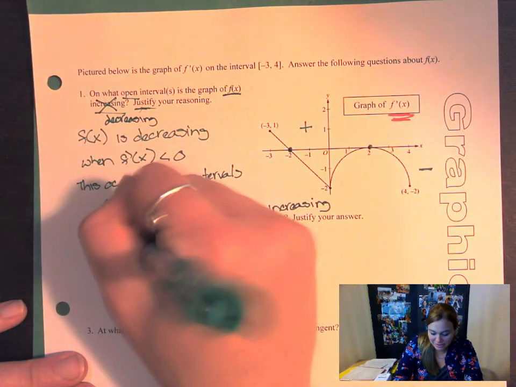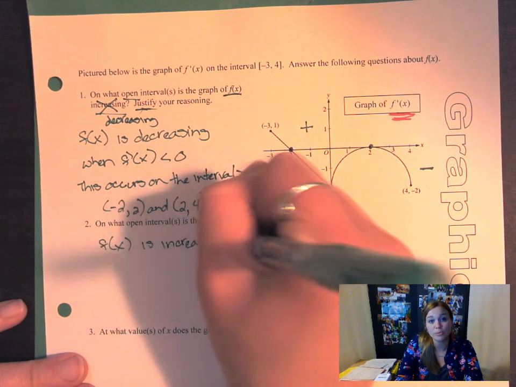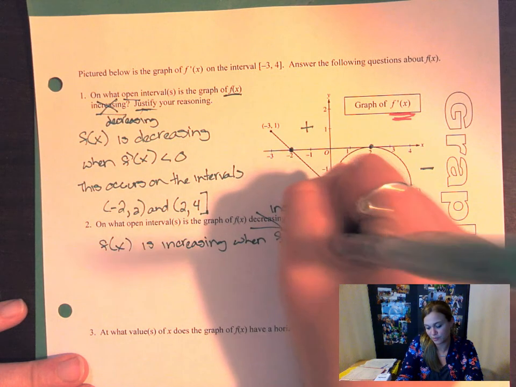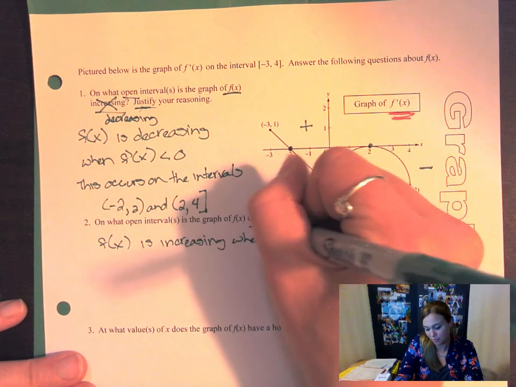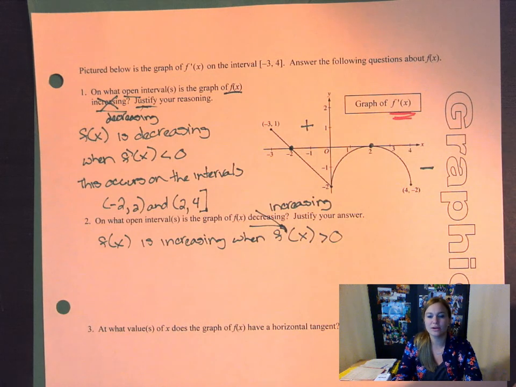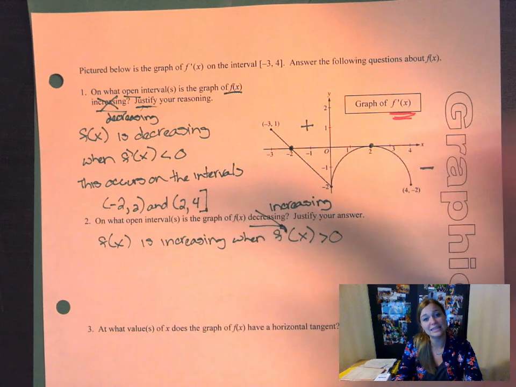Increasing, f of x is increasing. And I'm going to say when its slope, but I don't want to say its slope. I'm going to use the official math calculus language, and I'm going to say when f prime of x is greater than 0. I never want to say it or the function because I don't know which function I'm talking about, or what it is referring to.